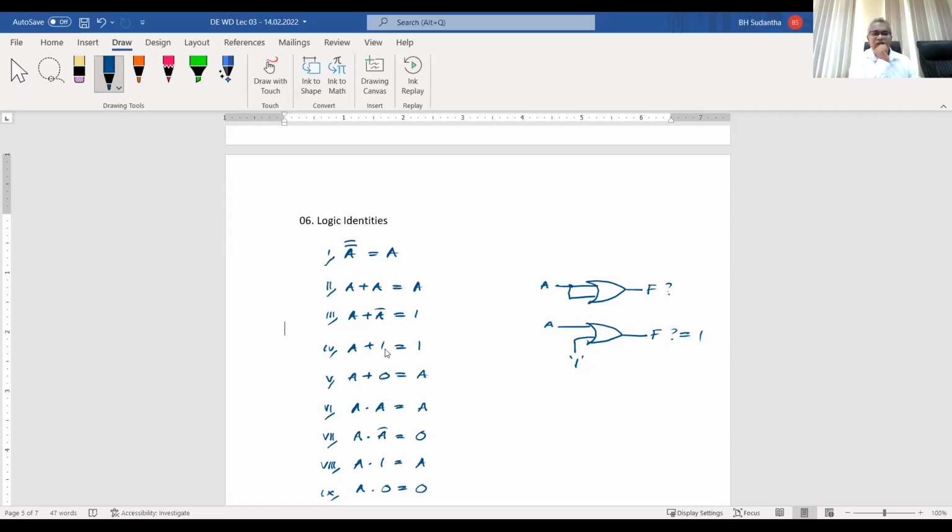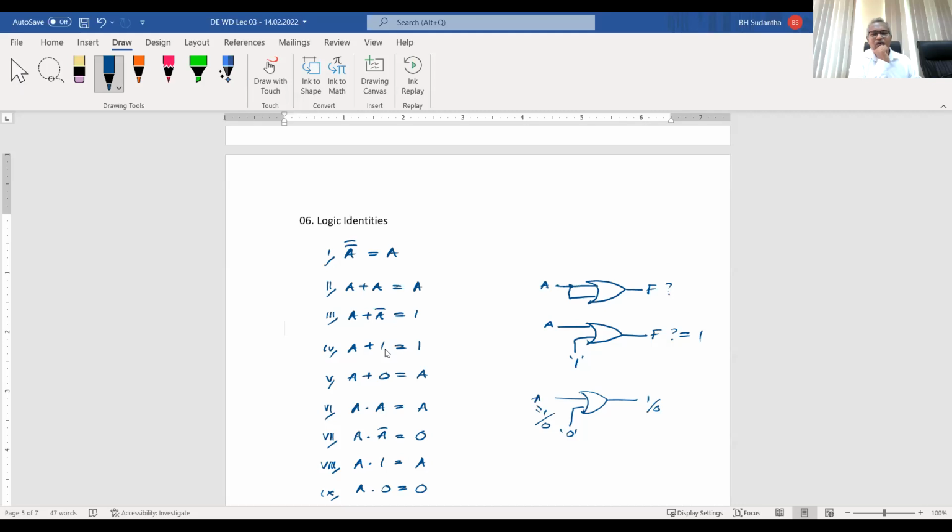Fifth one, A plus 0. Here this is A and this one is a permanent 0. Assume A is 1, then the output will be 1. What about A is 0? The output is 0. So whatever value A has, it will be at the output. When A is 1, the output is 1.